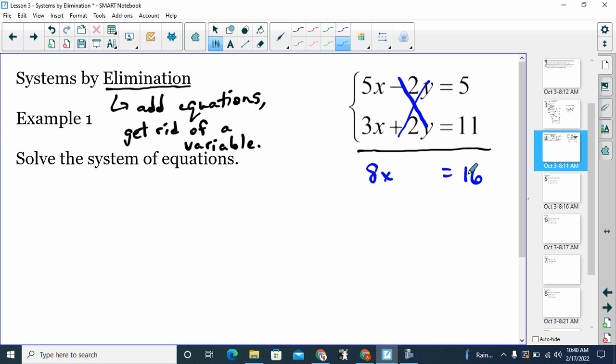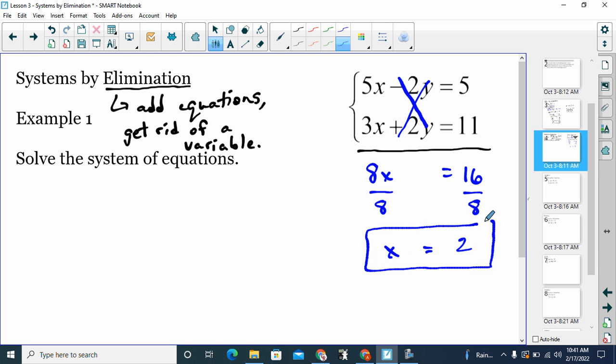8 times x equals 16, so I undo that multiplication by dividing both sides by 8. And I get x equals 2. Just like with substitution, I not only need the x, I need the y as well. We're going to go back to either equation. Again, it doesn't matter which one.